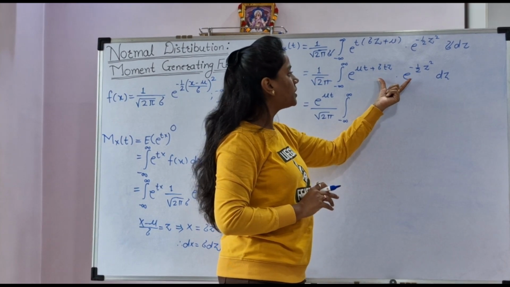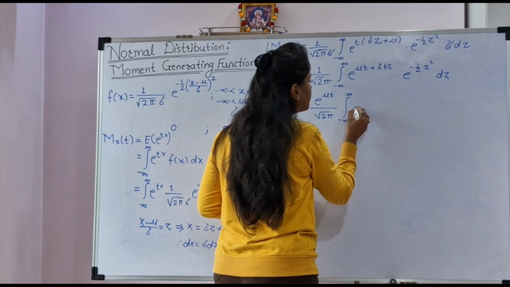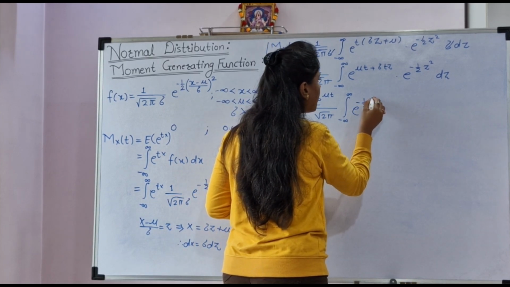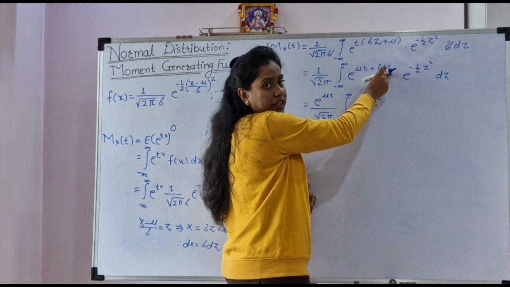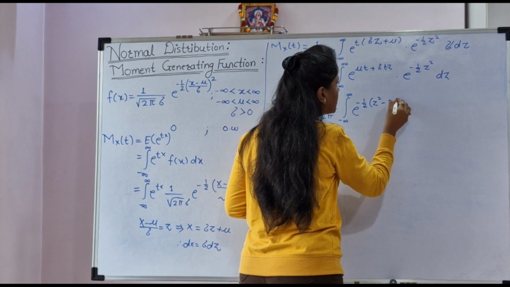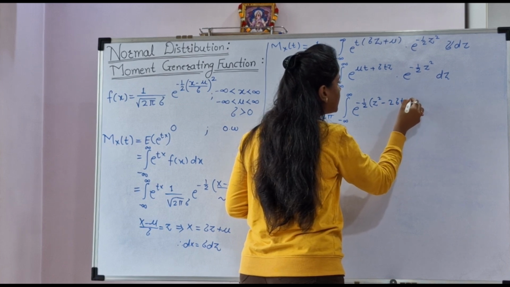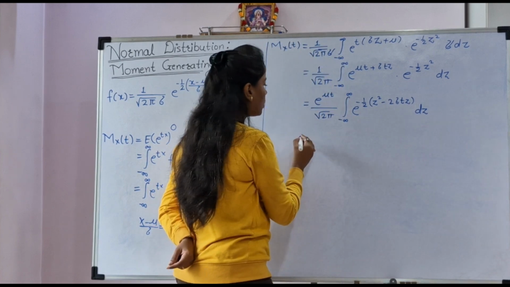So now from these two terms, let's take minus half common. So we will get e to the power minus half z square. Now here half is not there, so we have to multiply by 2. So we will get minus 2 sigma t z dz. Now let's solve it further.